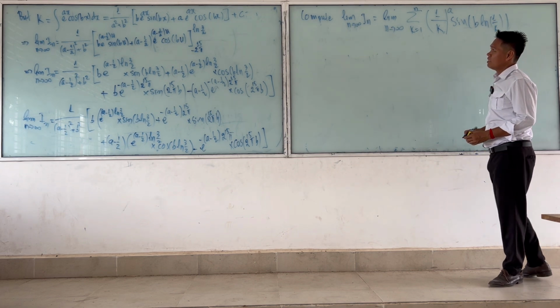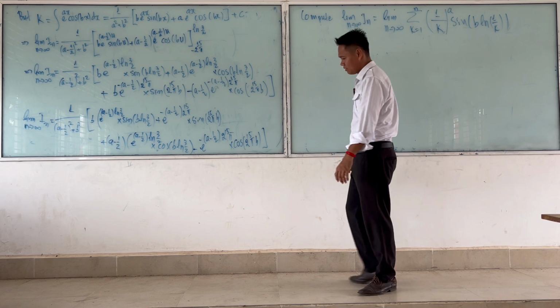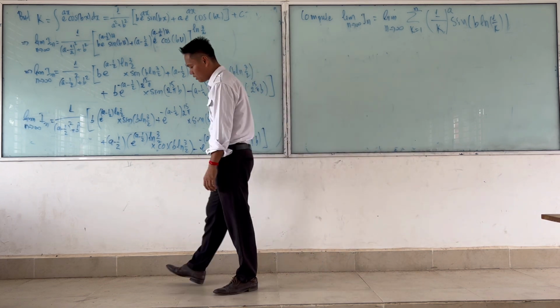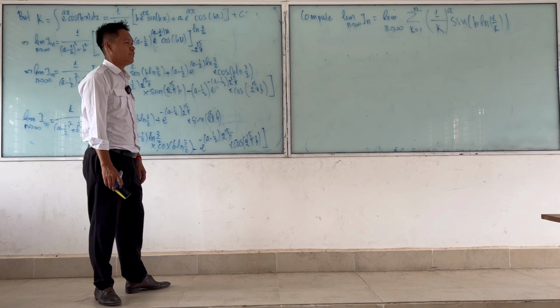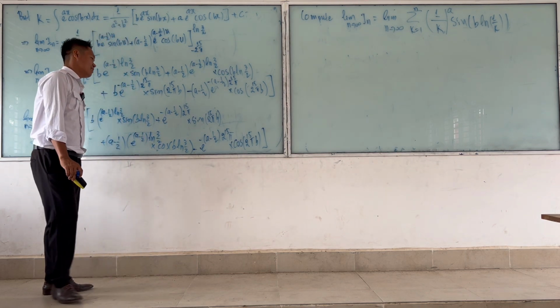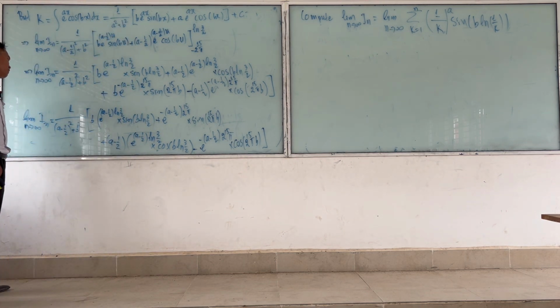Yes. And here, to compute the limit as n goes to infinity of Jn, it's not difficult. Why? Because we have already computed the limit as n goes to infinity of In, and we can use this. They are in the same form.